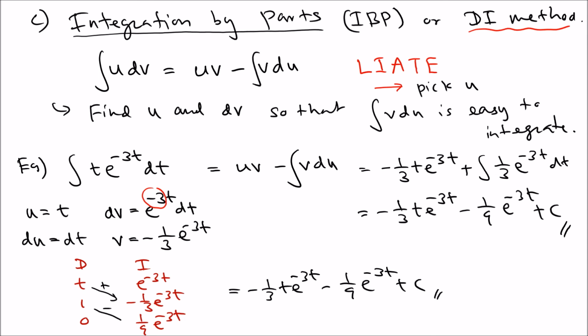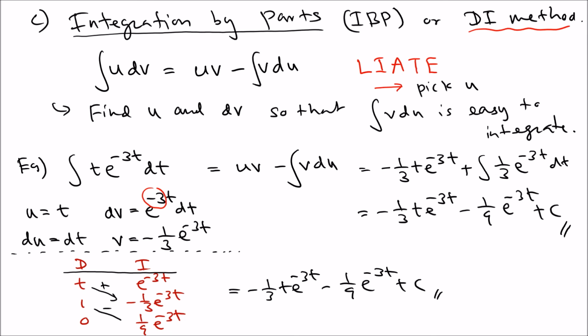So you can get the answer quickly using what we call the DI method. There's a special video solely created for the DI method that has several more examples there.